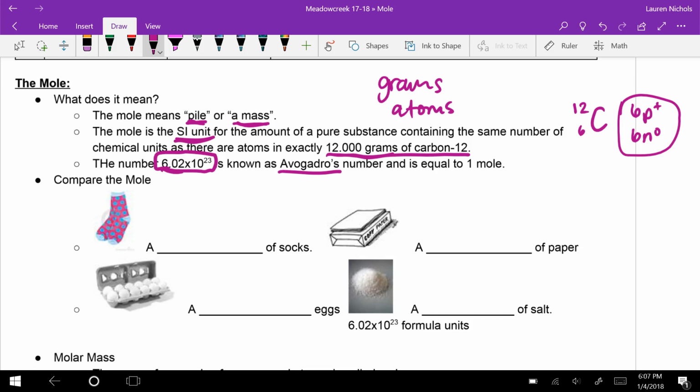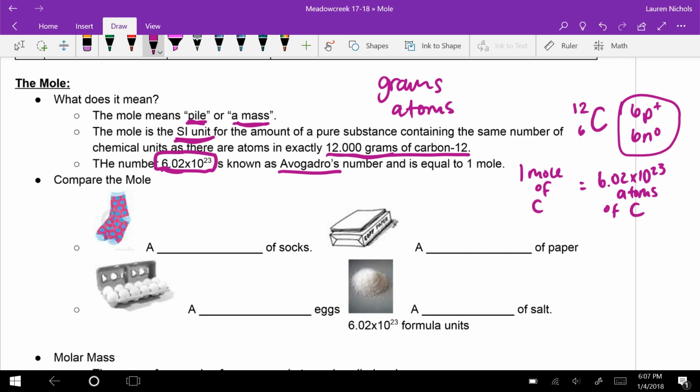We could say that 1 mole of carbon is equal to 6.02 times 10 to the 23 atoms of carbon. We could say that 1 mole of marshmallows is equal to 6.02 times 10 to the 23 individual marshmallows. I could say that a mole of basketballs is equal to 6.02 times 10 to the 23 basketballs.